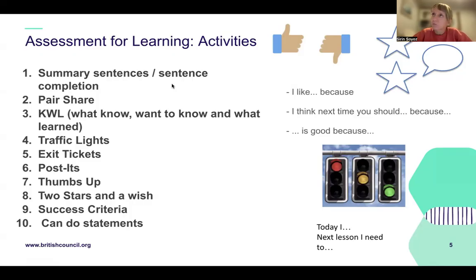Or 2 things you enjoyed and 1 thing you would like to have more. That could be different versions, so 2 stars and a wish can be adapted in different ways.